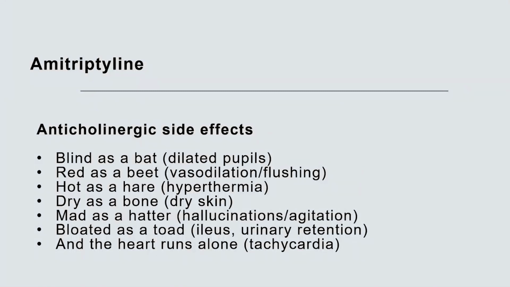Dry as a bone, they might get dry skin from taking these drugs. Mad as a hatter, unfortunately, some people do get hallucinations or agitation. Bloated as a toad, some people get ileus or urinary retention, and the heart runs alone. So some people do experience a racing heart rate, tachycardia.